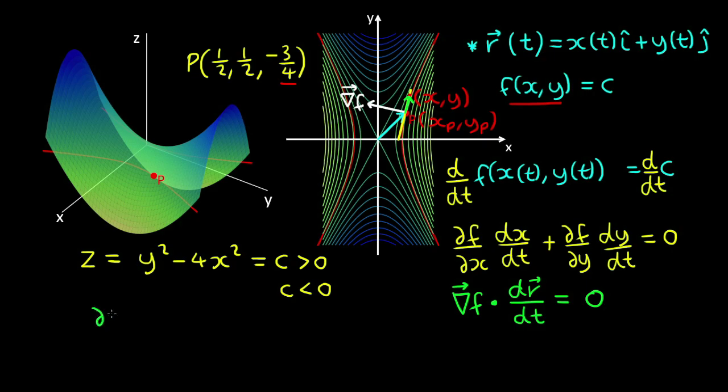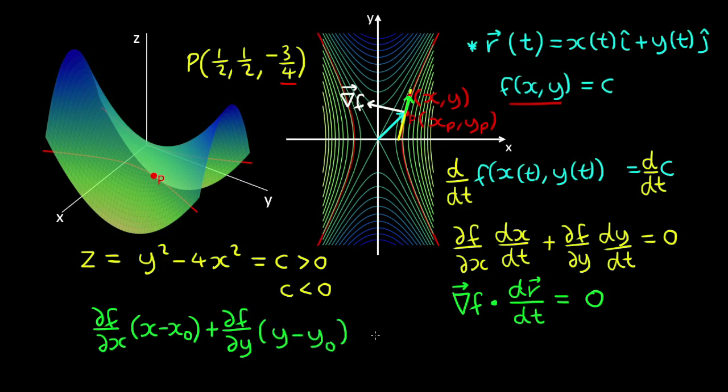So we have the partial derivative of f with respect to x, and the partial derivative of f with respect to y. And we take the dot product between this normal vector and the tangent vector. So we have the partial of f with respect to x by x minus x naught, plus the partial of f with respect to y by y minus y naught. And that's equal to 0.